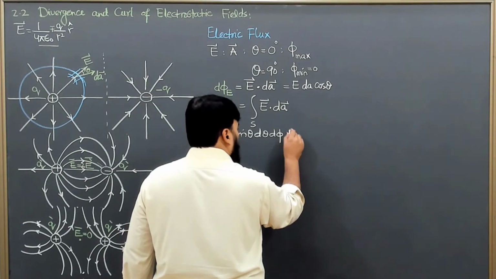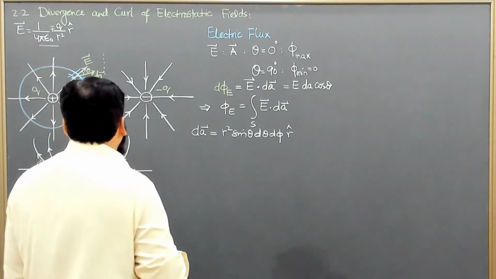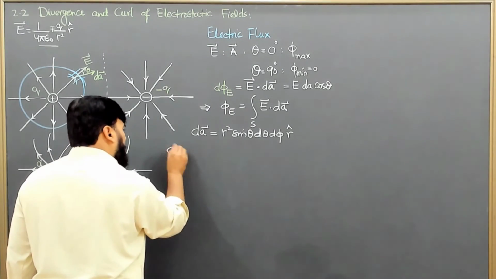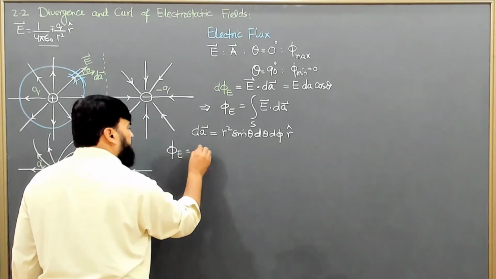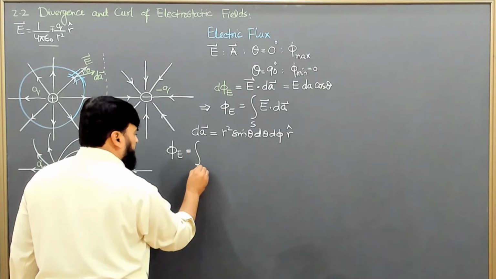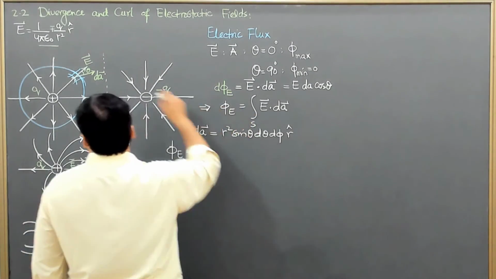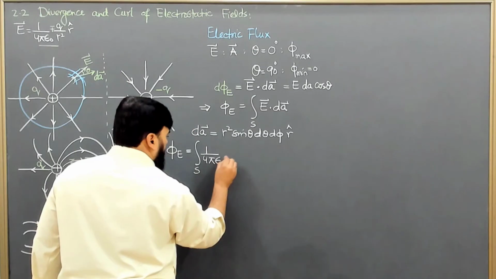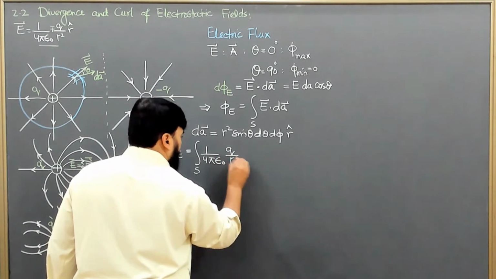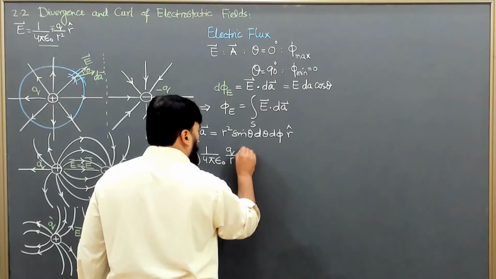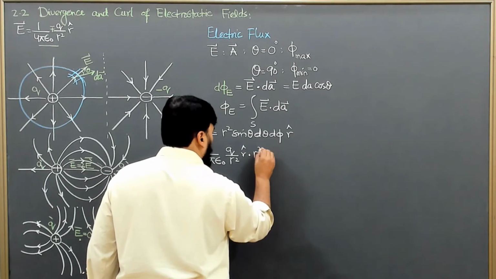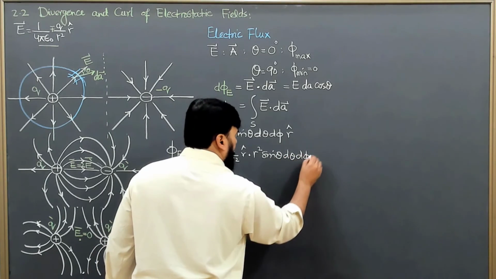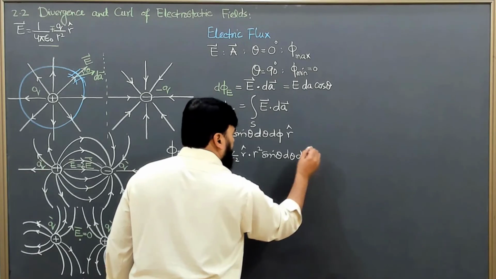Putting the value of E from here, we have phi E equal to the integral on a surface of 1 over 4 pi epsilon naught, q over r squared r hat, dot r squared sine theta d theta d phi r hat.